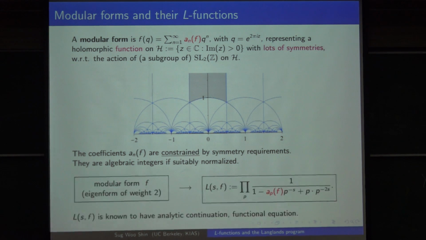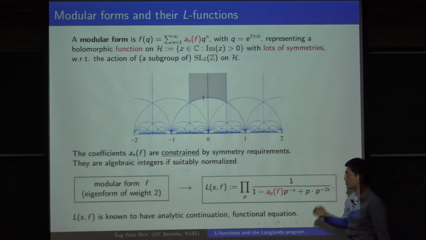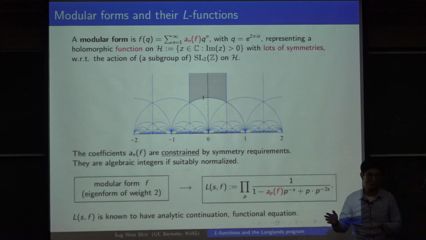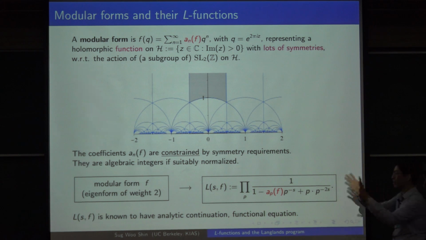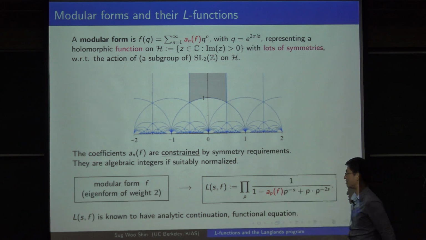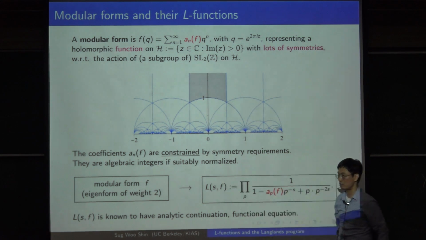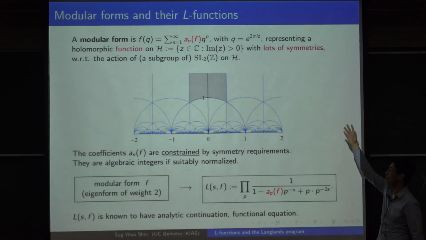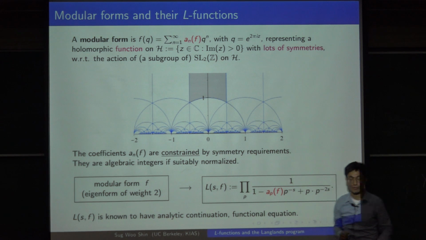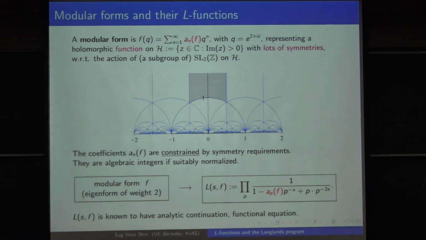And if you have a modular form, like an eigenform of weight 2, well, to define eigenform, I have to talk about Hecke operators, but never mind. Well, you have some nice modular form well chosen, and then there's some property. There's some basis of modular forms, if you like, in the space of all modular forms, then you can associate an L-function. It's, again, an infinite product.